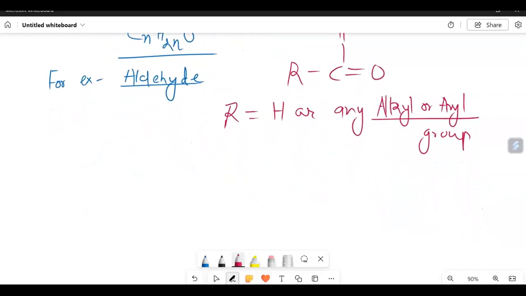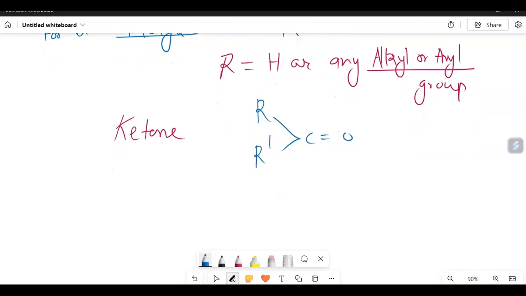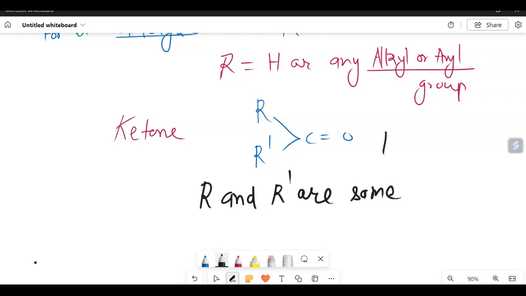Now if I am talking about the ketone, ketone can be represented as follows. We have two types of ketone. The first is the ketone in which R and R dash are the same. Here R can be the same or different alkyl or aryl group.